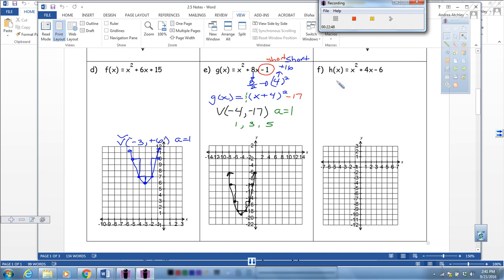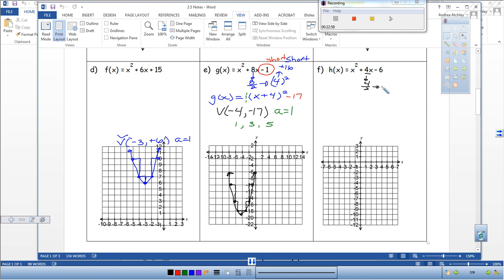Okay, so then, quiet please. So again, I need half of 4, which gives me 2, then I need to square it. That gives me 4. So I'm short 4, and I'm short, because it's negative, 6.